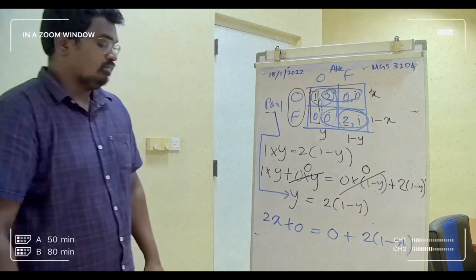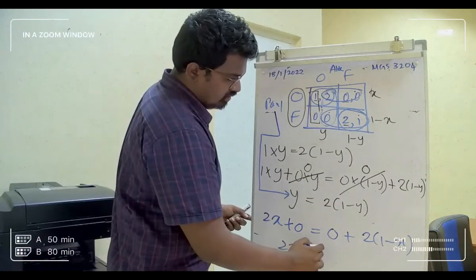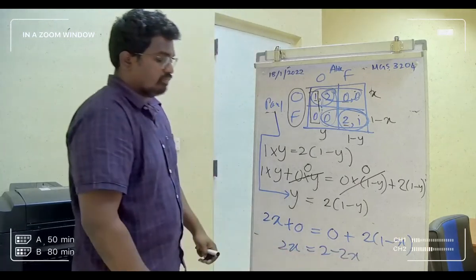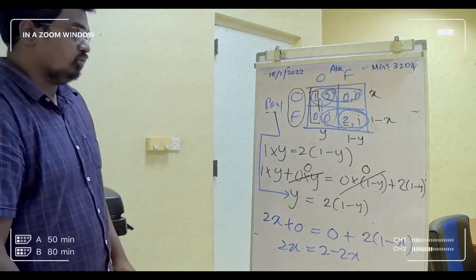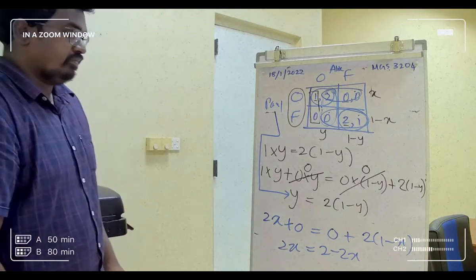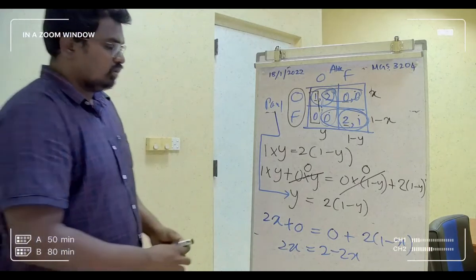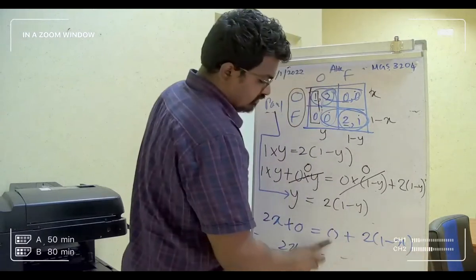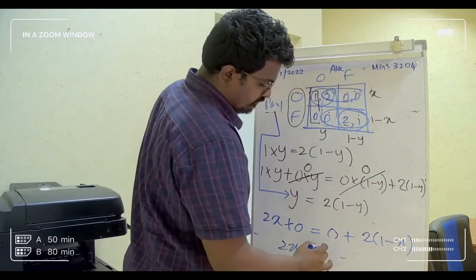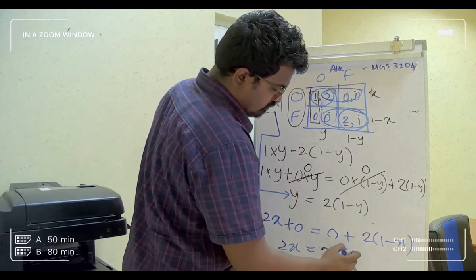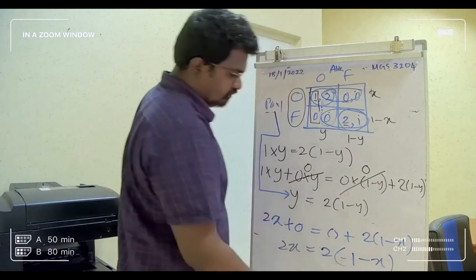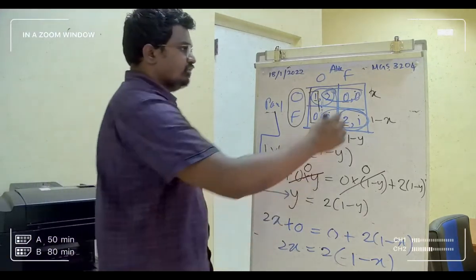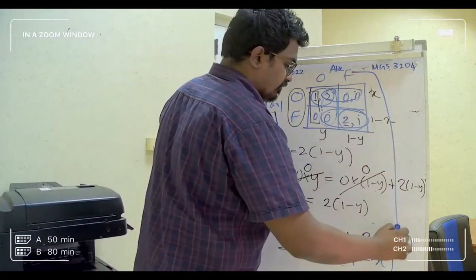So then finally is it 2x equals 2 minus 2x? Or without simplifying, we put it in the brackets. Earlier also we did simplify. Right, so this is for Alice.